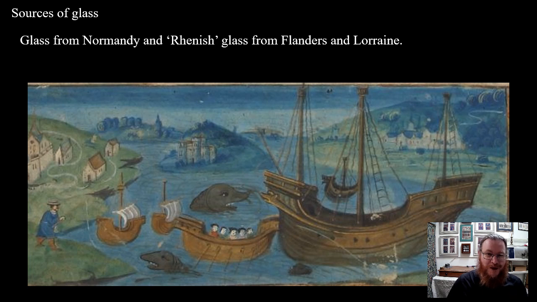For example, when the Beauchamp Chapel in St Mary's, Warwick was glazed by John Prudd in the 1440s, he was ordered to use glass from beyond the seas and with no glass of England. The primary source of this glass from beyond the seas was the near continent, Normandy, and also Flanders and Lorraine, the latter glass being known as Rhenish glass.